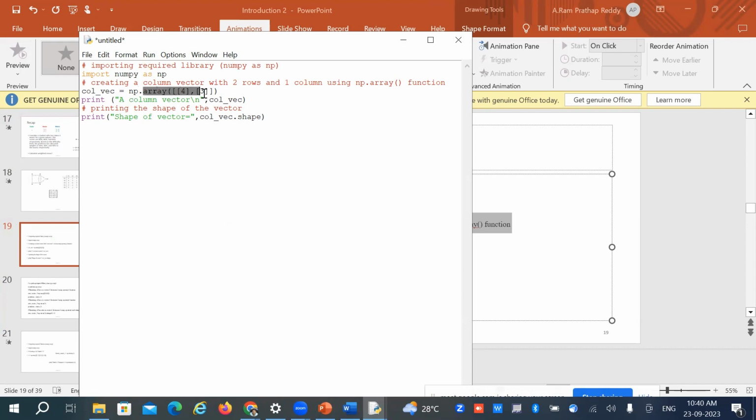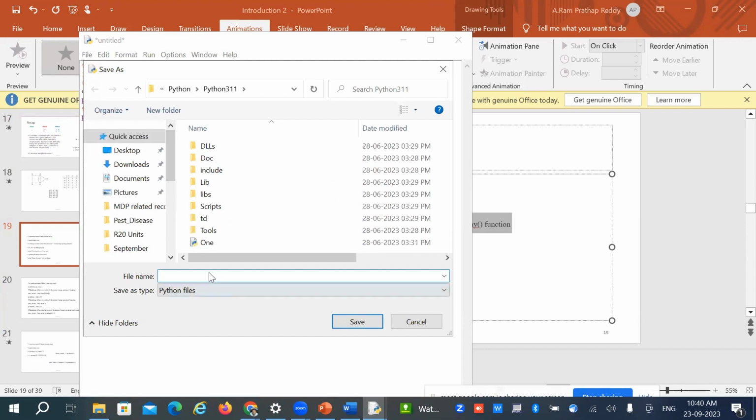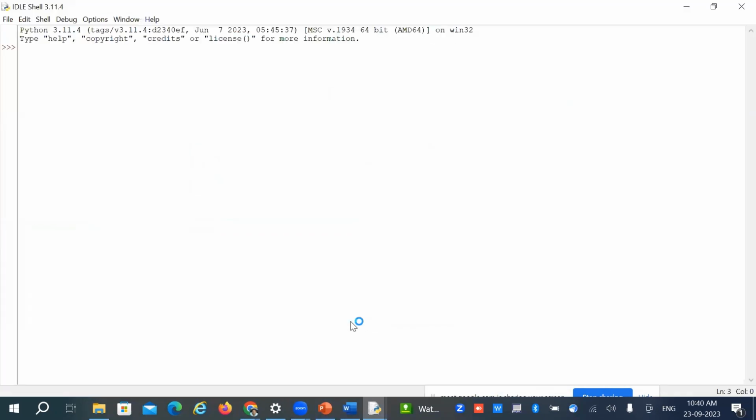This is the thing I already explained. You just run this one. Save this file, like DL1 example. No, this is vector. Vector 1. I would like to store this vector.